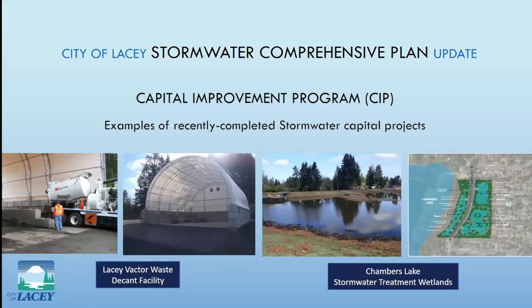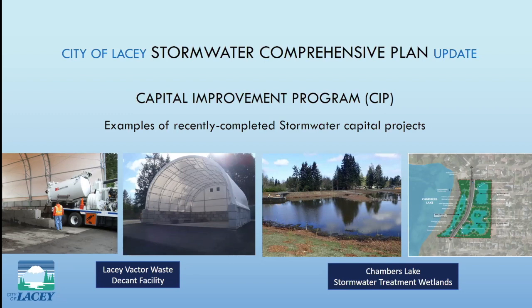So I want to give you a couple of examples of projects that were completed during the 2013 through 2019 CIP. So the first one there on the left, the Lacey Vector Waste Decant Facility, that was an enhancement to our maintenance capabilities. The Vector basically is like a big vacuum cleaner, and we have 6,000 catch basins around the city where runoff from the road goes in.